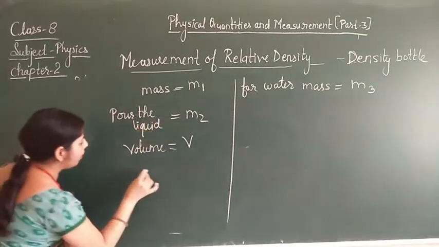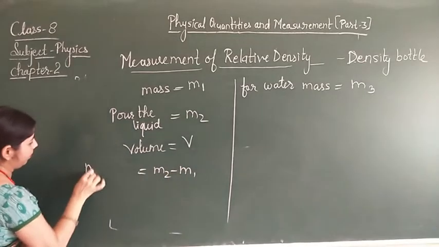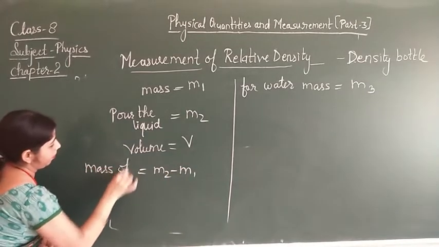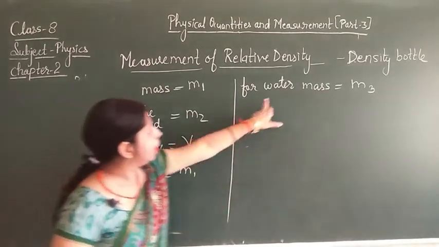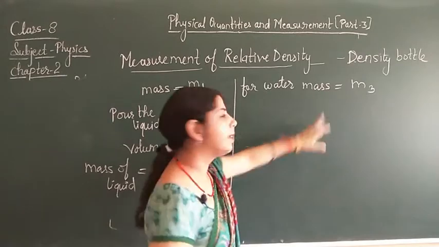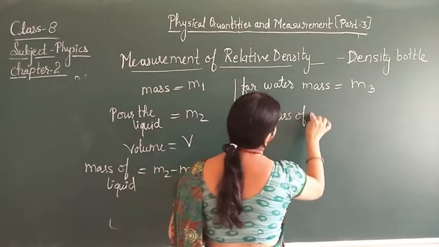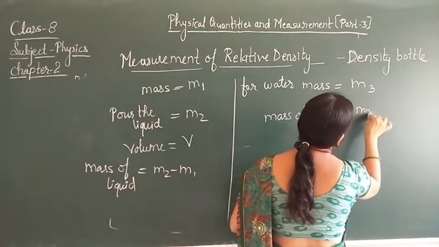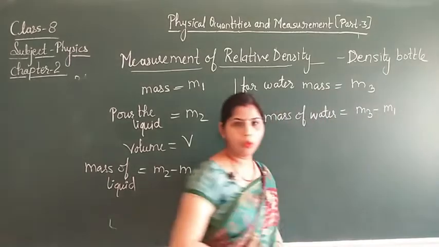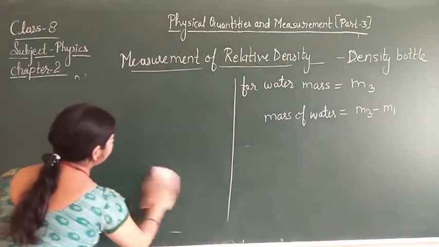Here the mass of liquid will be m2 minus m1, and for water the mass is m3 minus m1.